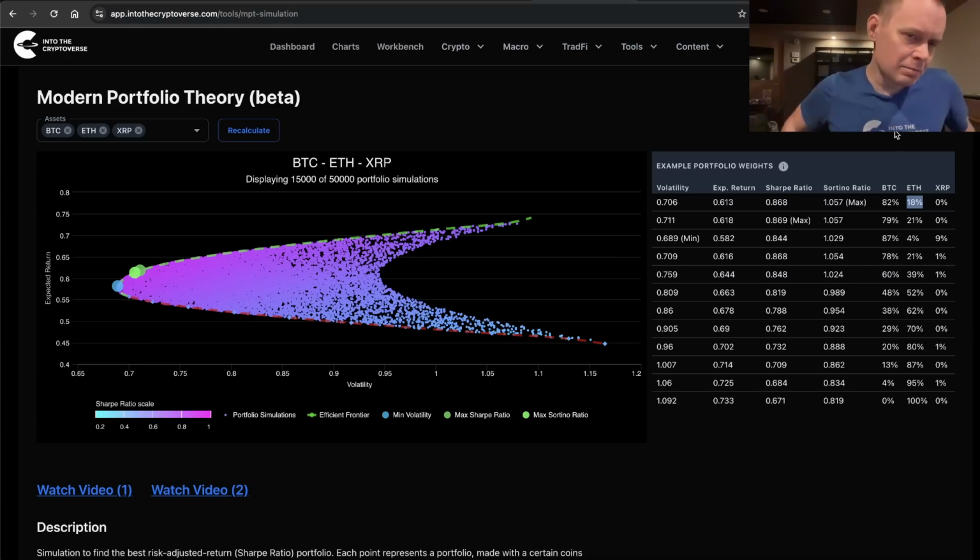That might seem a little ridiculous, right? I mean, XRP just went up 3x. And if you followed the XRP Bitcoin valuation, you cashed in on that. So how can this possibly make sense, that it would suggest 0% XRP? For me, what it suggests is that XRP is not as good of a long-term hold as Bitcoin and Ethereum.